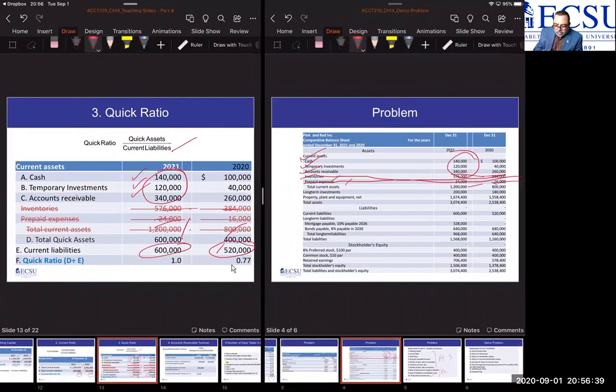Before I move on, again, the quick ratio shows that our ratio was 0.77, and now it has gone up to 1. So we are actually improving our ratio.